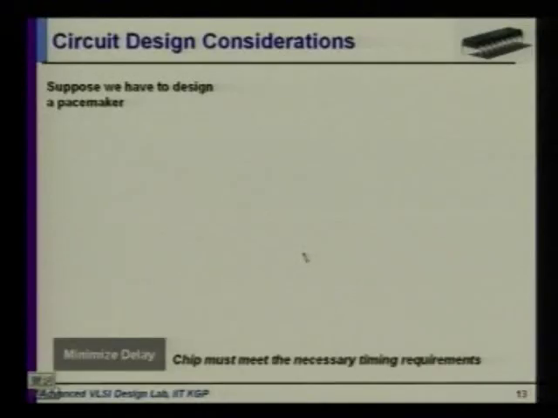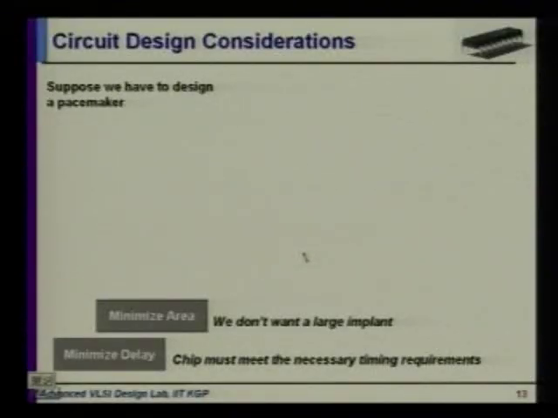Now, first thing is that we want to minimize the delay that the chip incurs in responding to the inputs that it receives, because obviously if it has to be a part of a pacemaker, then we have to have our timing absolutely right. The chip delay should not be such that if there is a problem, it takes too much time in reacting to that. Okay.